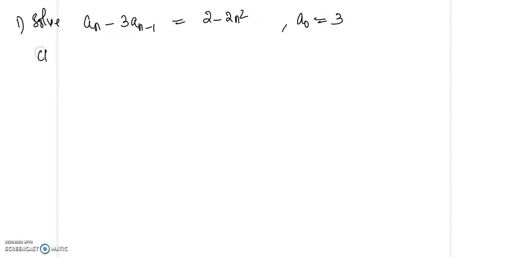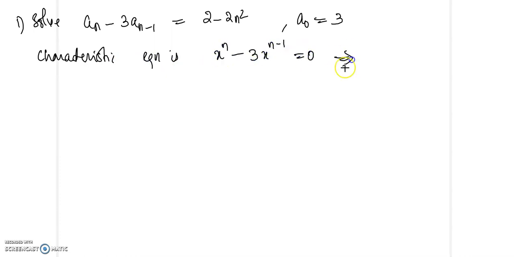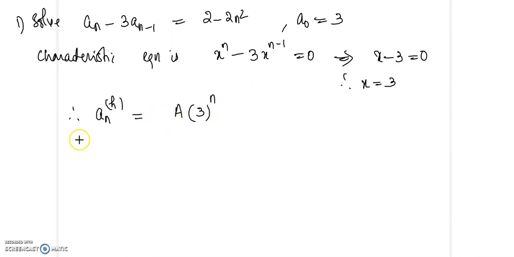So the characteristic equation is x^n minus 3x^(n-1) equal to 0. That implies x minus 3 is 0, so x is equal to 3. Therefore the solution of the homogeneous part will be a times 3 raised to n.